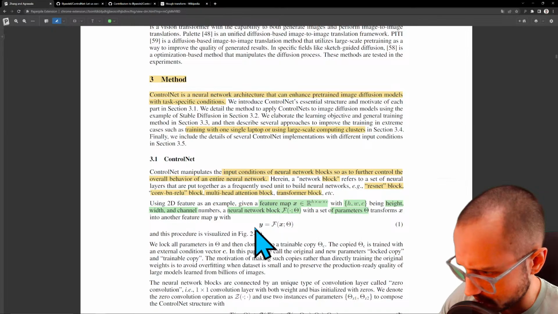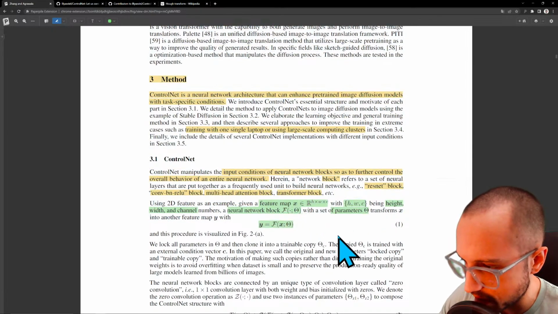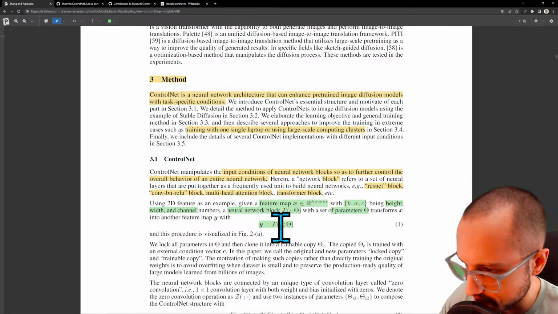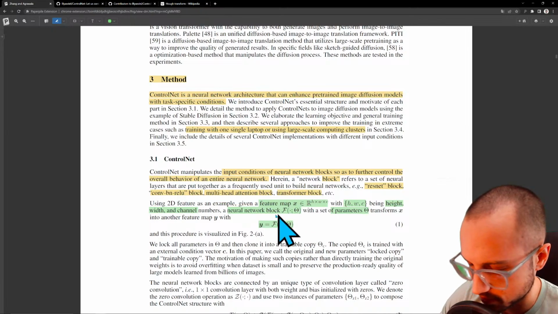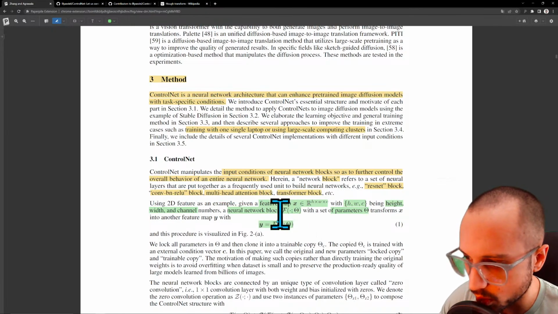So you have a pretty standard equation that just represents a generic neural net that takes some input X, has some internal weights and biases and parameters theta, and then does some kind of multiplication or some combination of those things, and then outputs y.